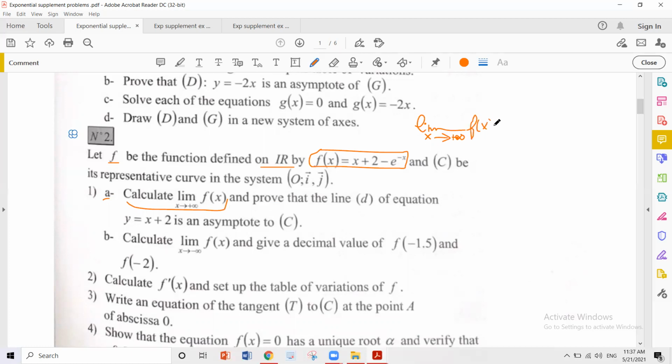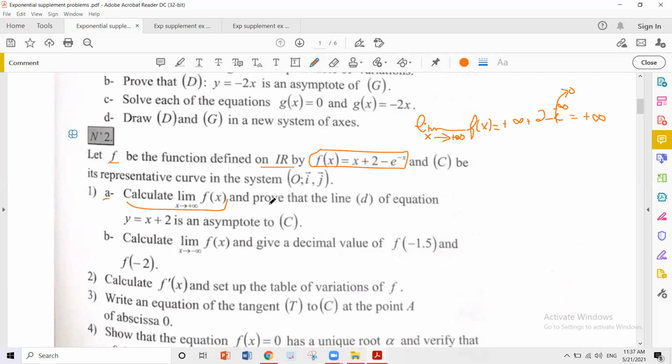Okay, thank you. It gives plus infinity plus 2 minus e to the power minus infinity. This is 0, so it gives plus infinity. So this limit is not difficult.